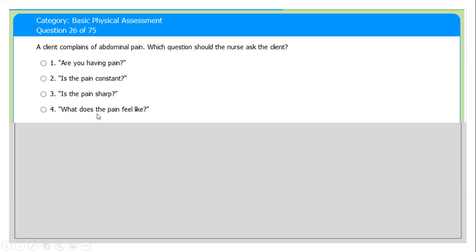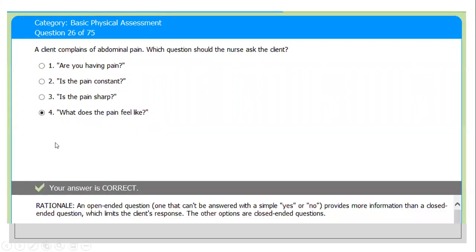Number four, what does the pain feel like? This question is open-ended and your patient can explain in elaborate detail. The correct answer is number four, what does the pain feel like?